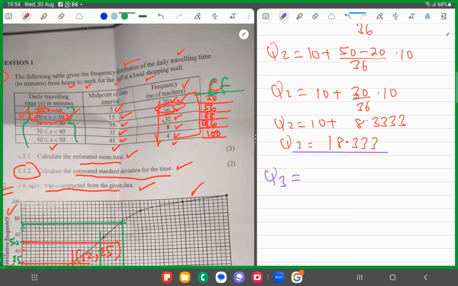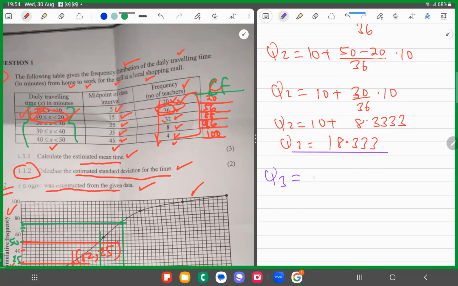So you have this. Okay, so you continue. So Q3 is done in the same way. What is the formula for Q3? Right.